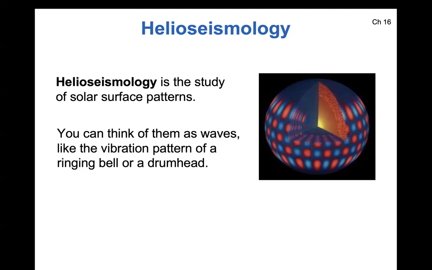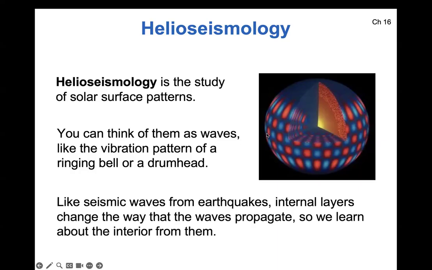You can think of them as waves, vibration patterns of a ringing bell. If the whole thing is under so much energy and stress, then there are going to be all these interesting vibrations and resonances that form, and scientists are able to study them. The figure shows these waveforms on the 3D sphere of the sun.